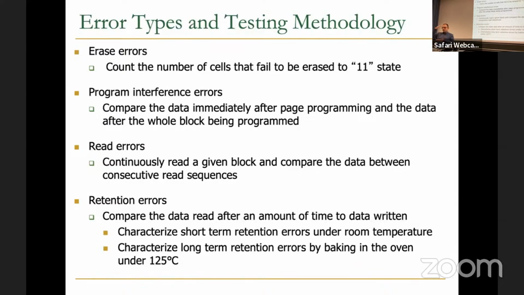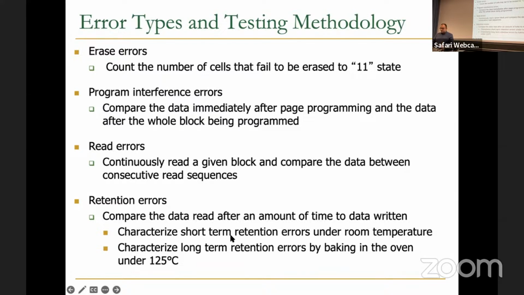So if you check the initial state and the final state, you can see some issues. For read errors, we continuously read a given block and compare the data between consecutive read sequences. And for retention errors, we compare the data read after an amount of time to the data written.